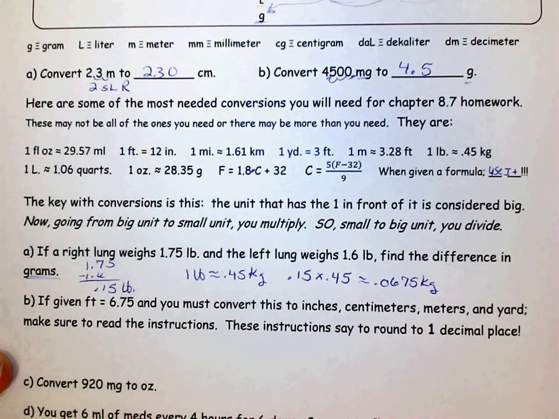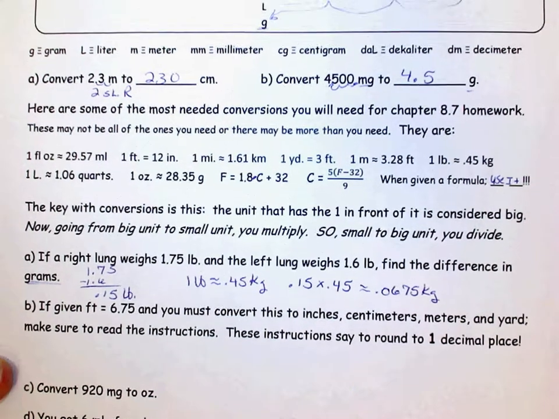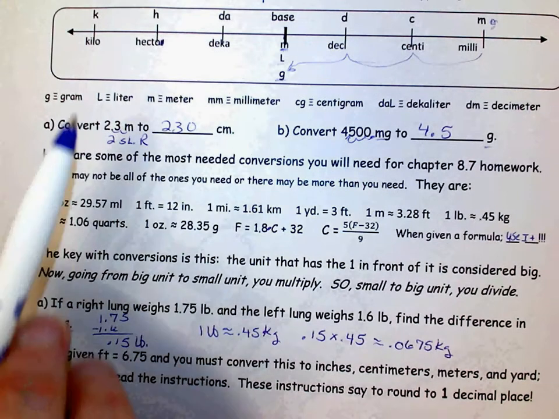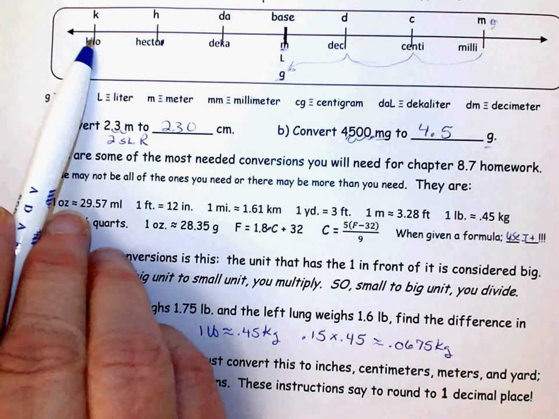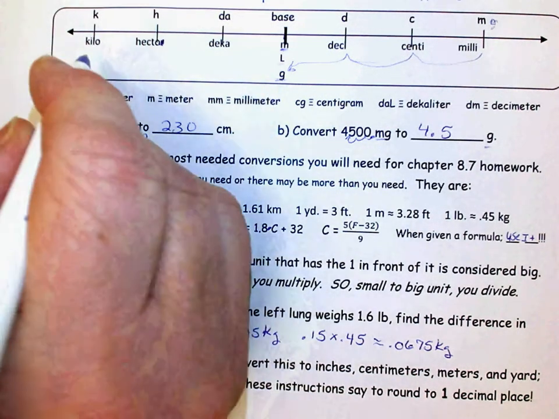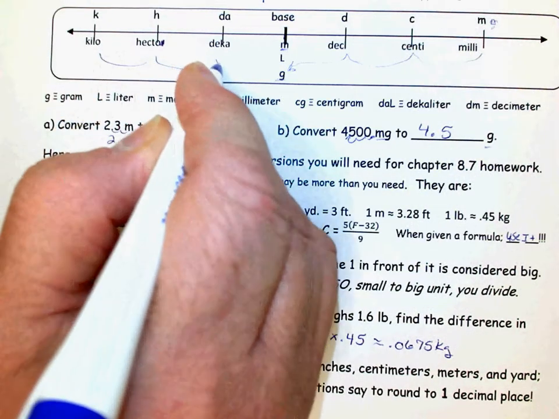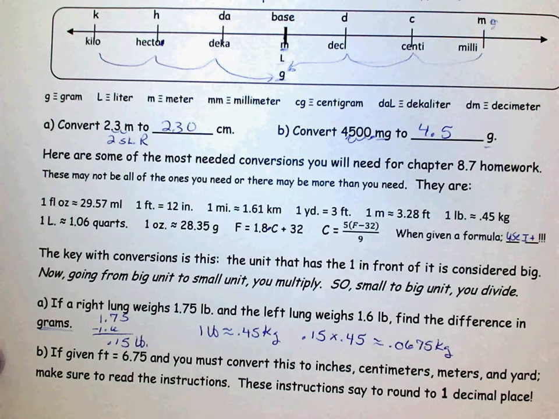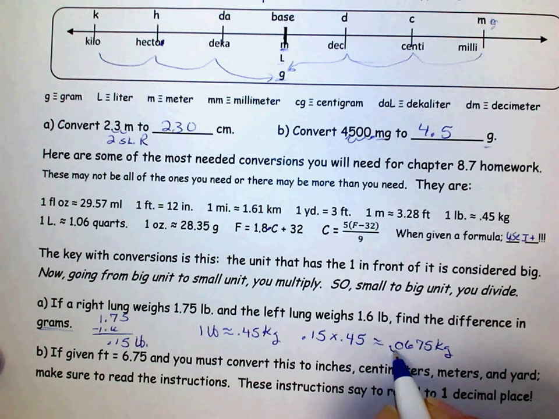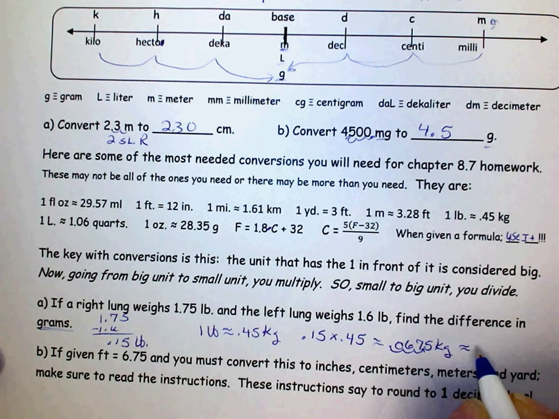Now, going back up to our metric slide, we need to take kilo to gram, so that would be 1, 2, 3 slides to the right. So 1, 2, 3 slides. So that would be approximately 67.5 grams.